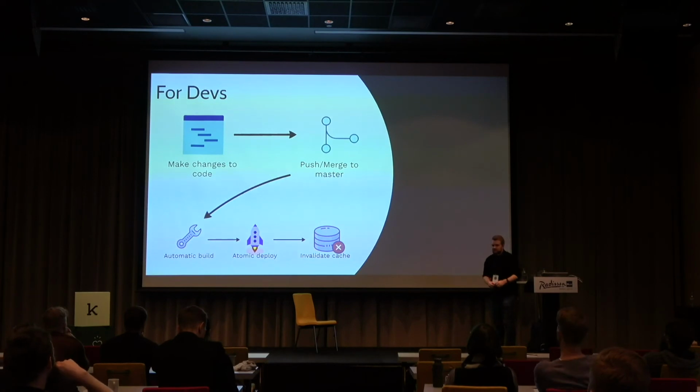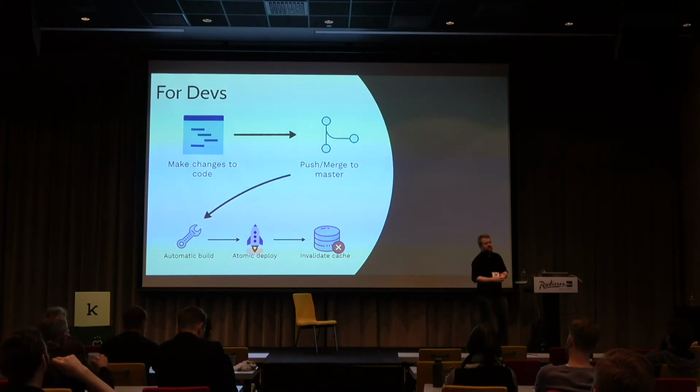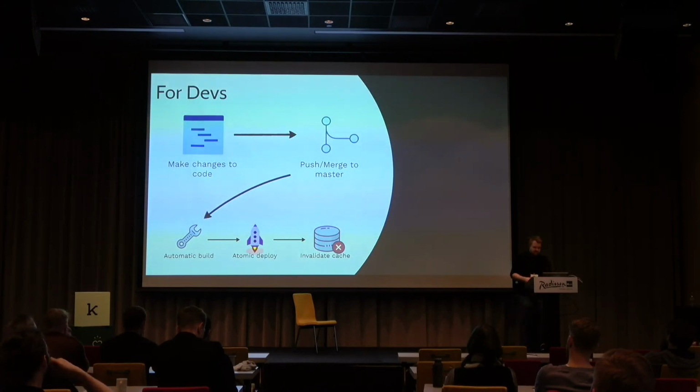You make some changes to your code, you push it or hopefully make a PR into the master branch, and then this triggers an automated build in your build system, which then does an atomic deploy and invalidates the cache. And that's how build pipelines already work, right? So this is nothing new.